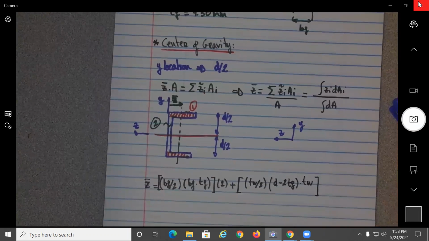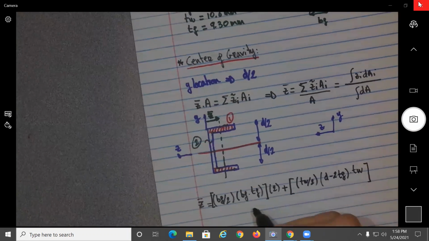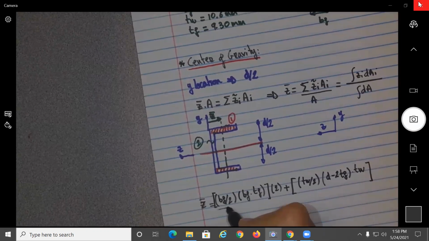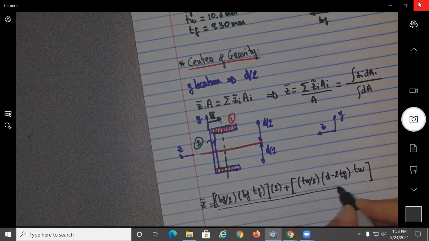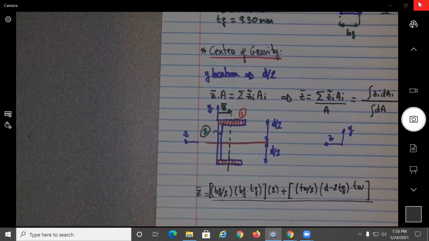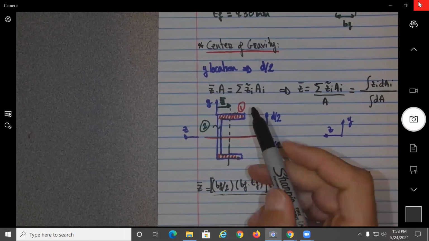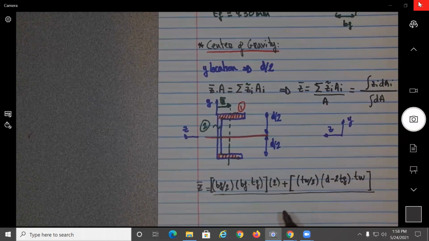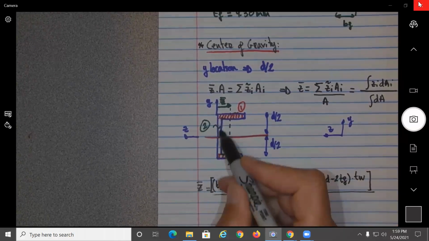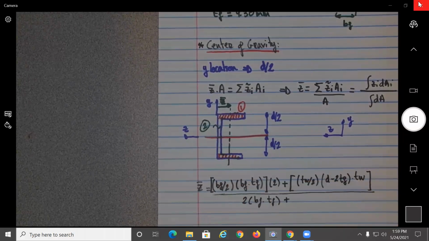And now we need to divide that by the whole area. So the whole area is what? Is simply the area of the red one, of the two ones, which is 2 times BF times TF, plus the area of the middle web, which is D minus 2TF, basically this term, times T web.